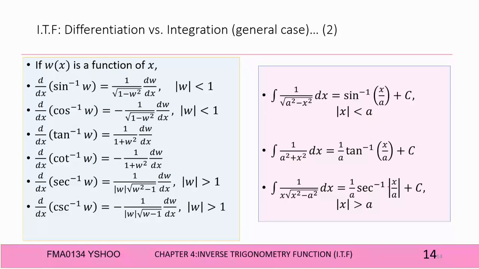Now, if you have the general case, it means that you want to differentiate sine inverse w. What does this mean? Our w is a function of x, so we use substitution or the chain rule to differentiate. One example is, let's say you want to differentiate sine inverse 3x.